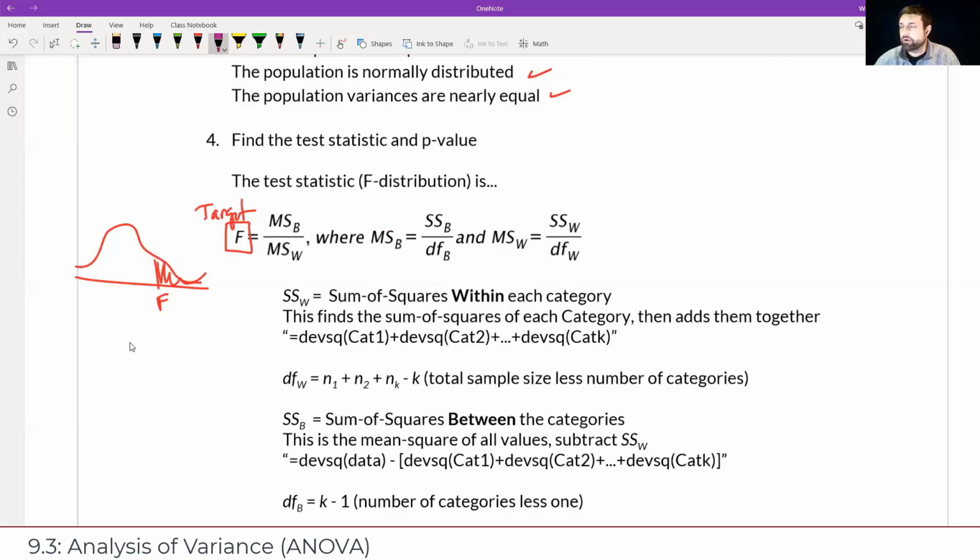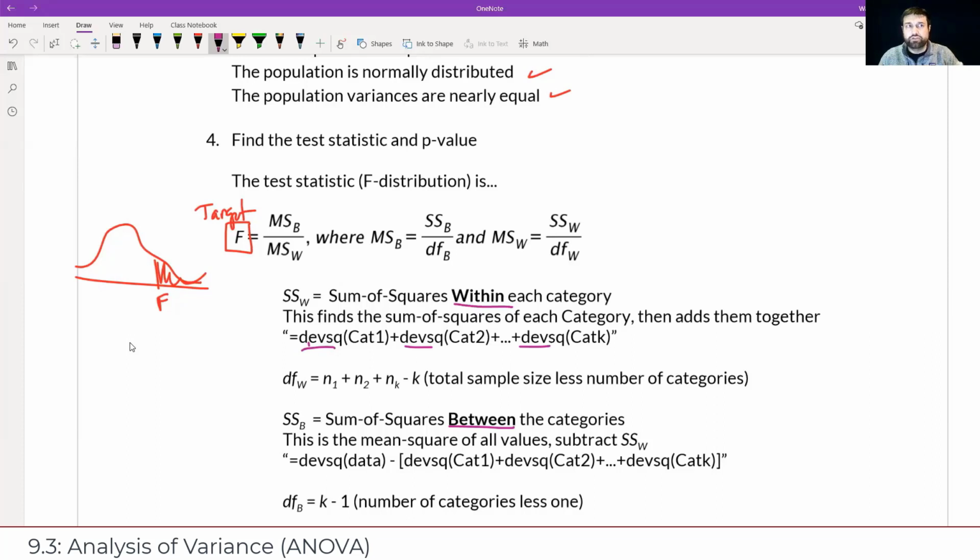When we talk about these 5 samples, we want to look at within and between. Within looks at the deviation squared of each category and adds them all together. So this would be if you took each sample and found its standard deviation, squared the standard deviation, and then added those all together, okay?